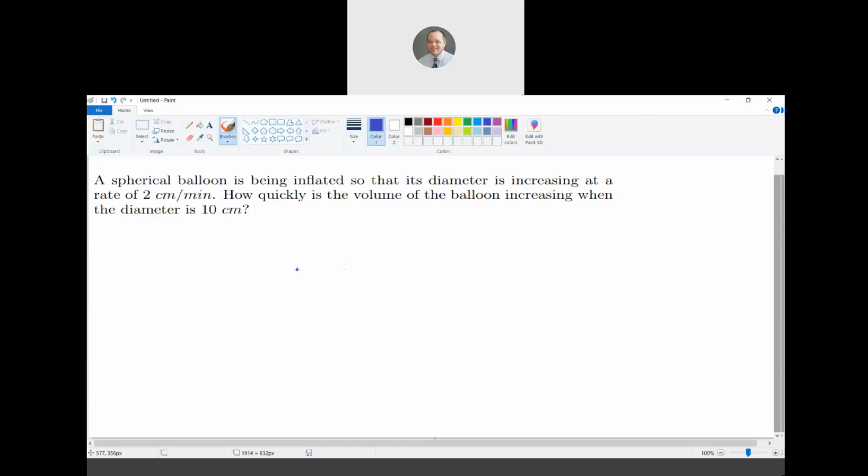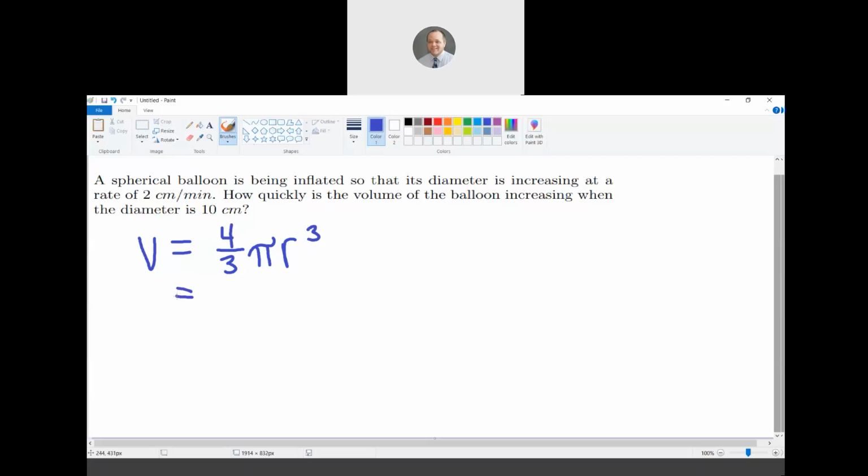The volume of a sphere is V equals 4/3 pi times the radius cubed. Because we're given the information about the diameter and not the radius, we know that the radius is half the diameter.